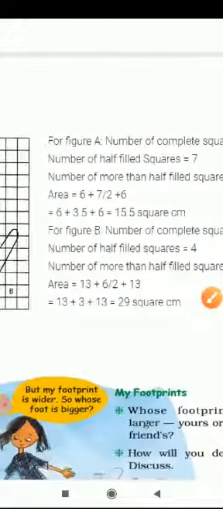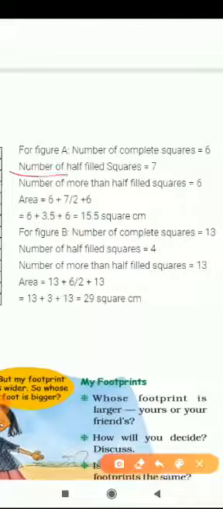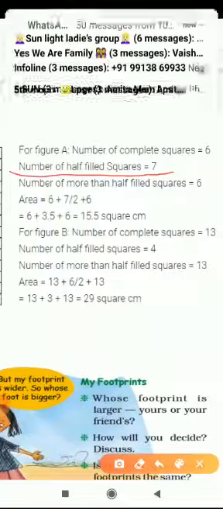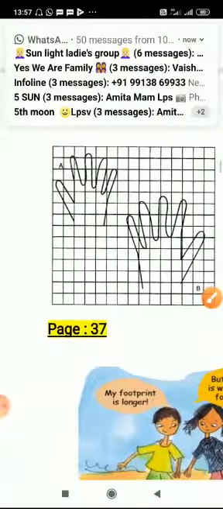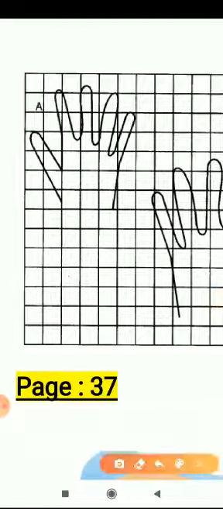Now second is the number of half filled squares. Half filled square means that it is covered with half part only. Okay, let us count. I am counting over here.